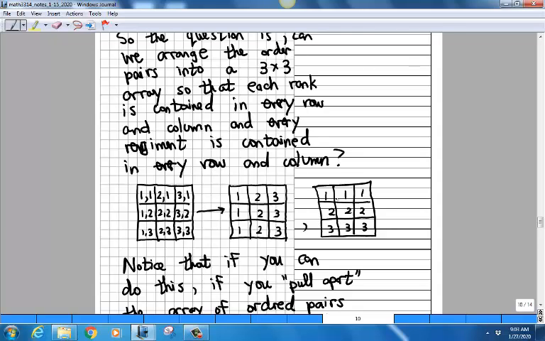Because remember, this is the square of the ranks, and I've got to have every rank represented in every row and every column. So that should be a Latin square, and this also should be a Latin square. Did I break this up right? 3, 2, 2, 1, 1. Yeah, I did pull it apart correctly, but those aren't Latin squares.